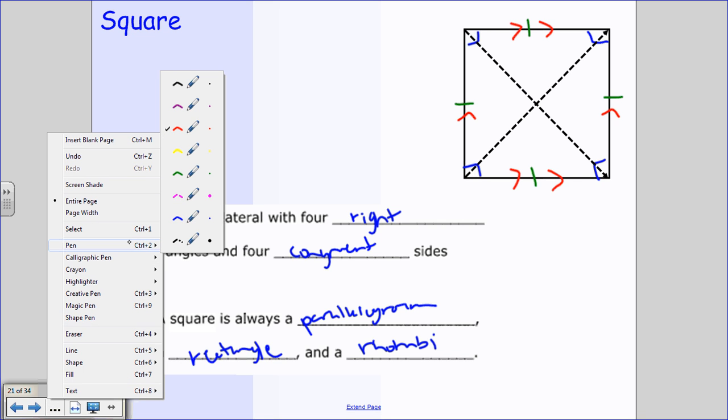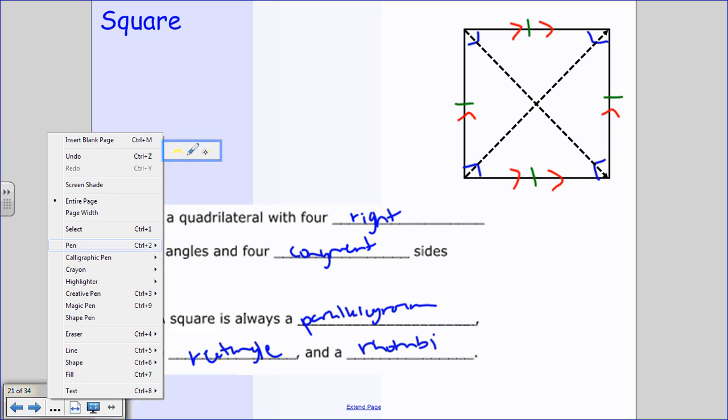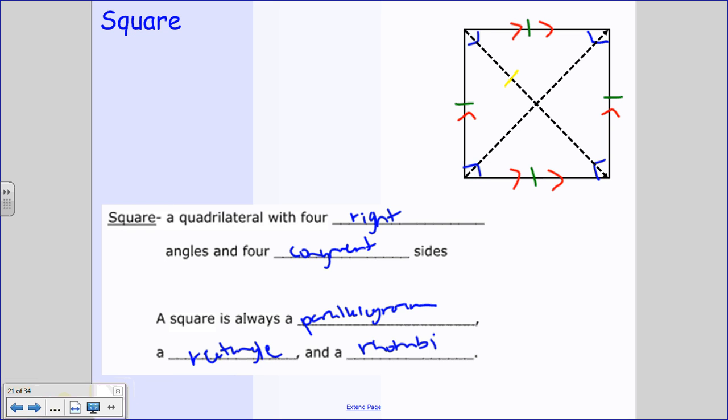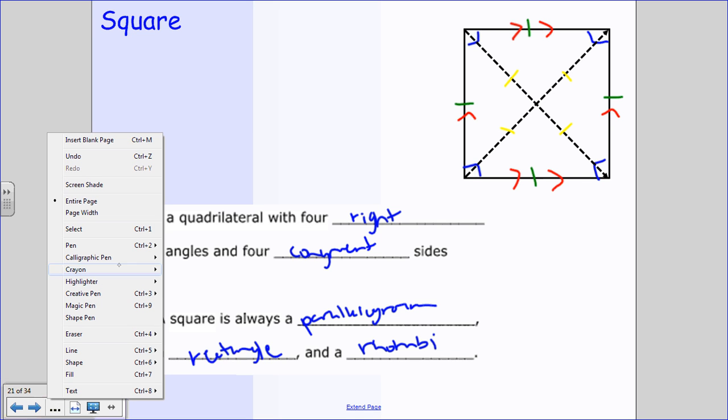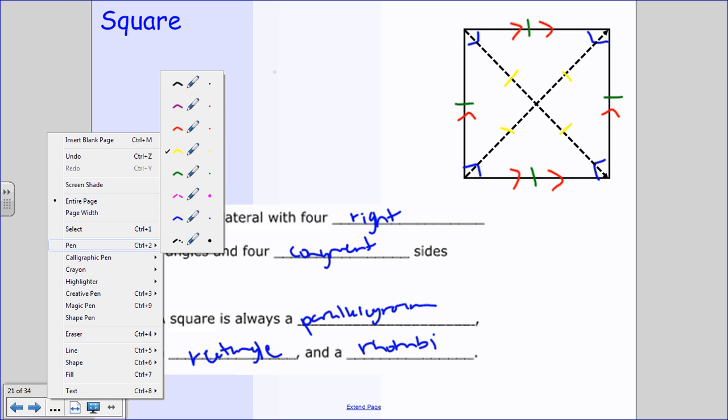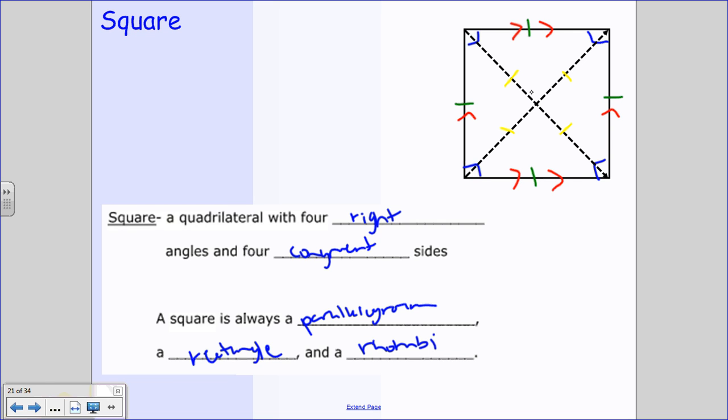And they're congruent. So as you can tell, there's a lot involved in a square. A lot of hidden information that you have to just become familiar with.